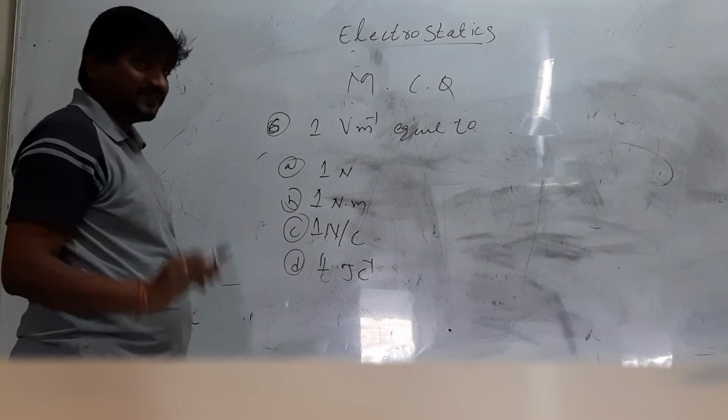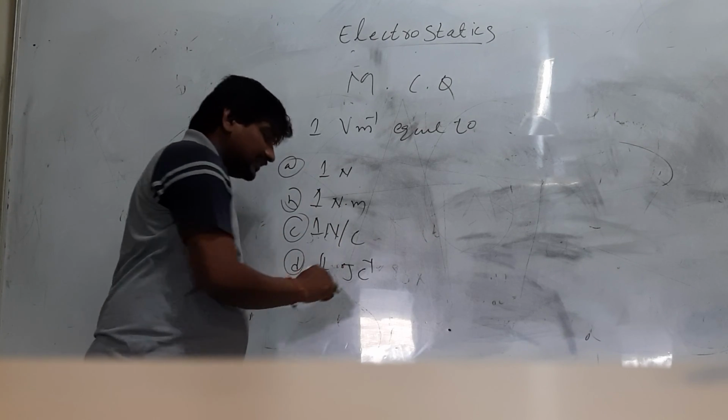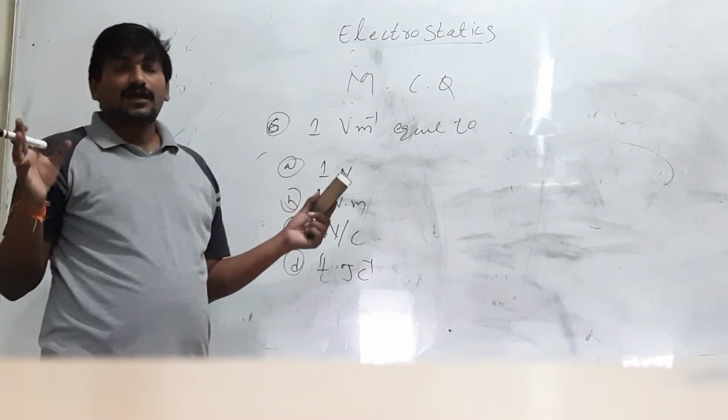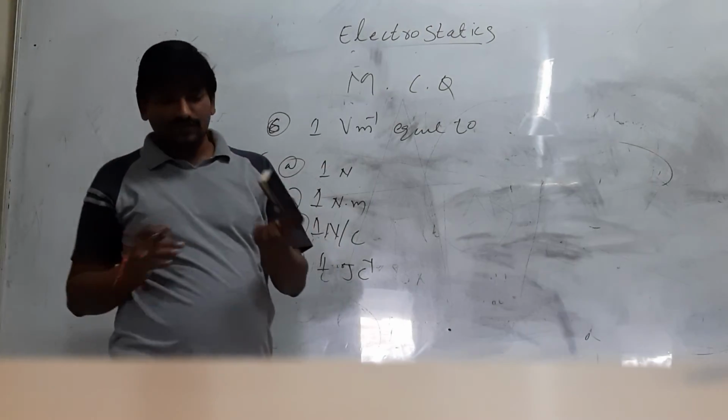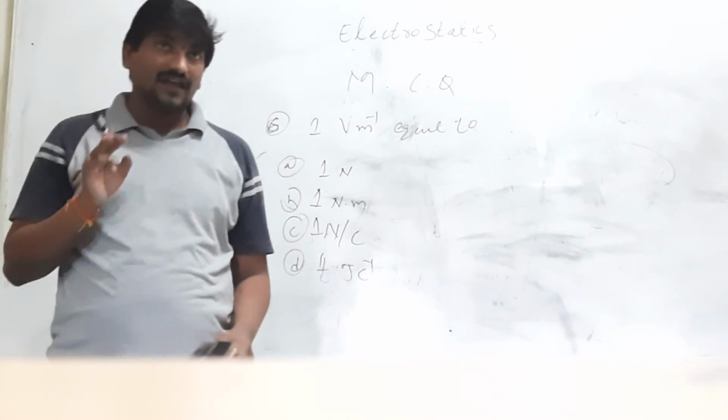Here also you must know the basic definition and relation. First of all, you need to recall something you have seen or studied somewhere, as most people do while attempting MCQs.